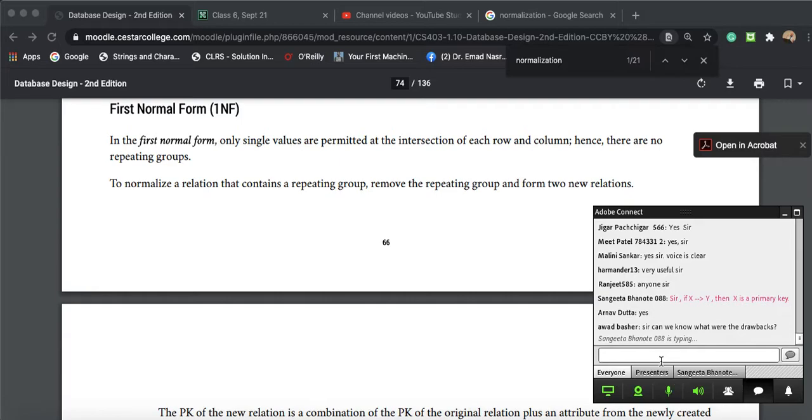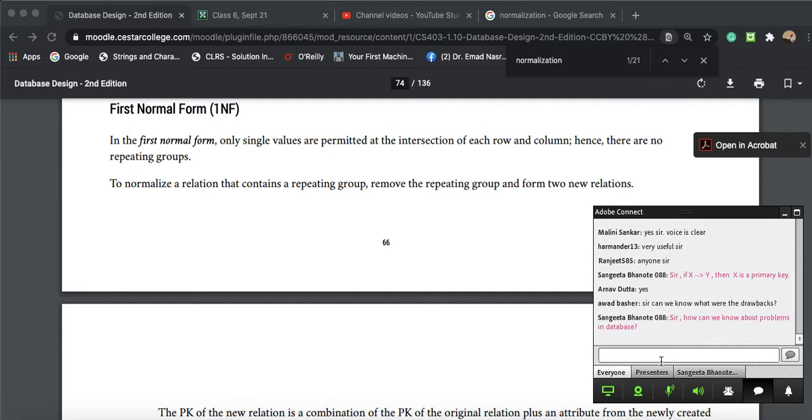No, we have to split following rules of normalization. So when we split, we will have two relations, and each one of them is normal. How do we know? By applying the rules. Let's look at rules and see how to apply them. But before we do, I just want you to know that normalization means splitting.